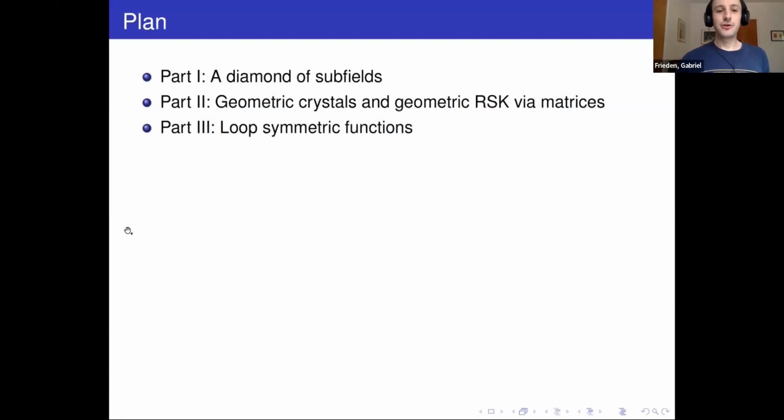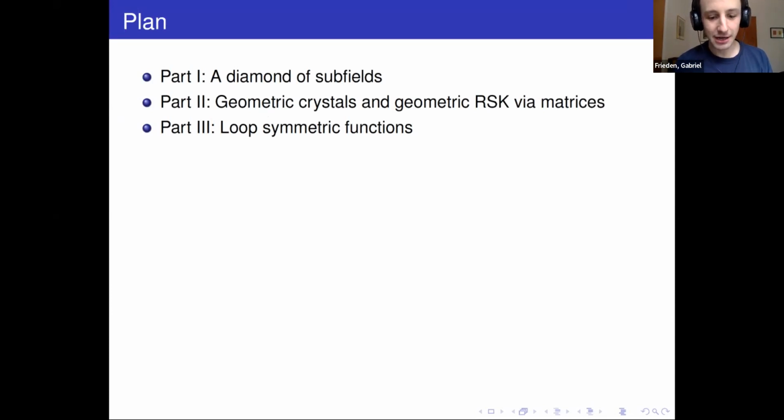Okay, so I'm going to start by just drawing a diamond of 8 subfields of a certain field of rational functions, and this is going to be the organizing principle for the talk. And then I'm going to say more about geometric crystals and geometric RSK, but I'll talk about how you can get those types of formulas that Pasha was writing via matrices and determinants.